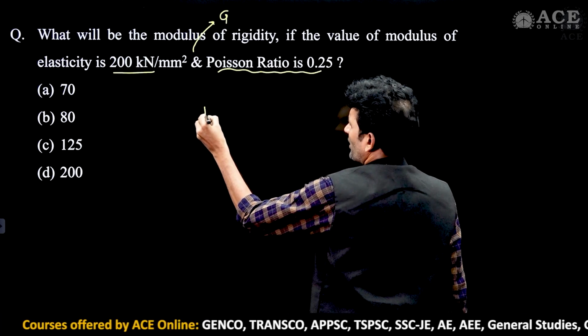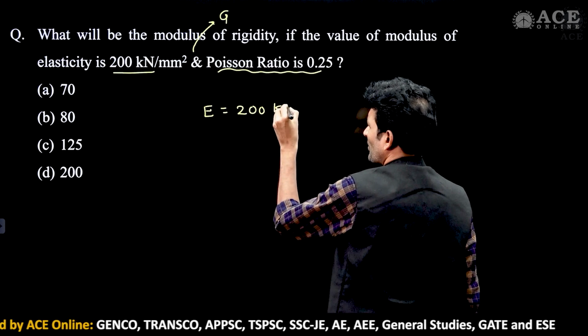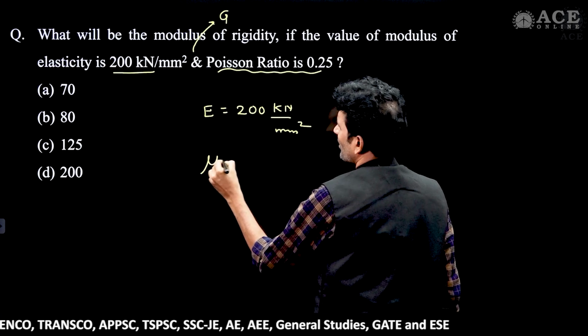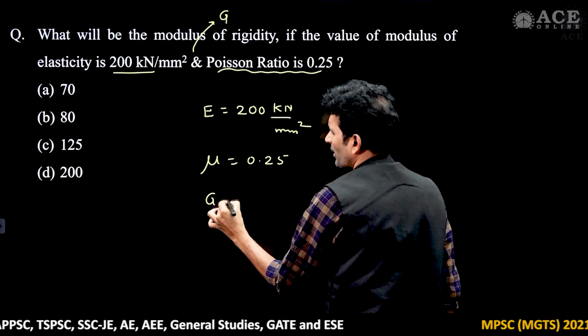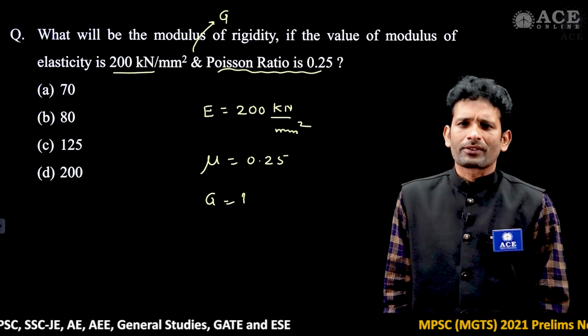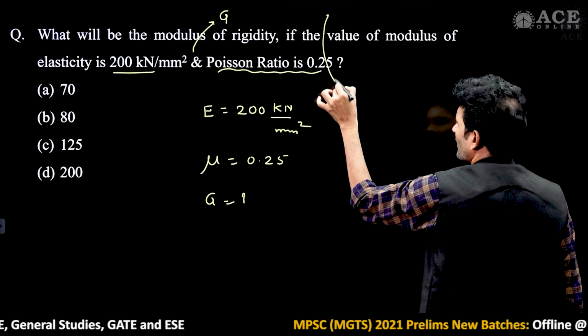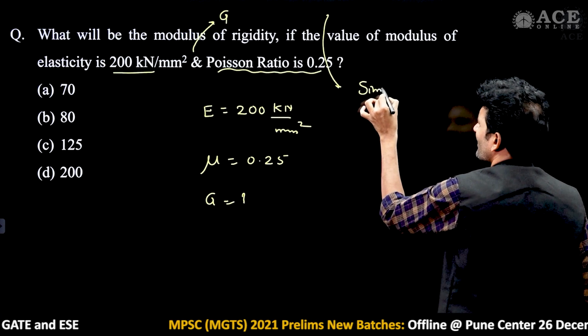When Young's modulus equals 200 kilonewton per square millimeter and Poisson's ratio equals 0.25, what is the G value? This question is from the topic of simple stresses and strains.